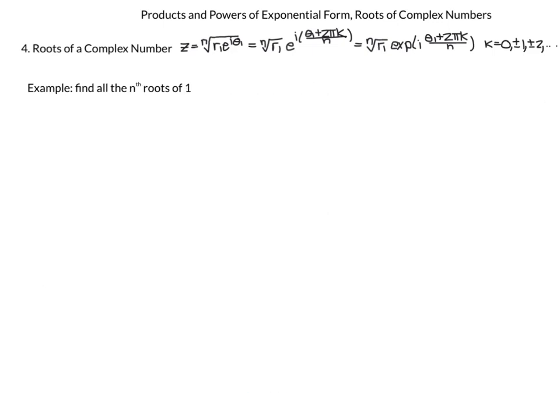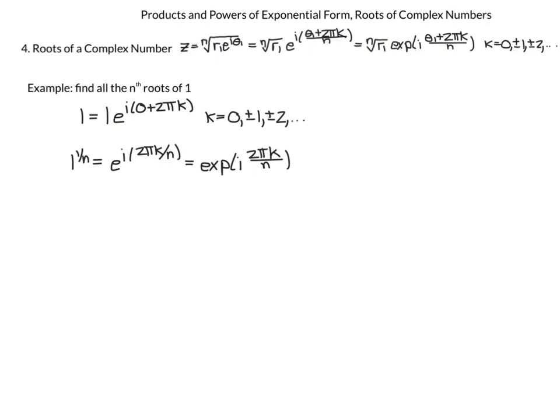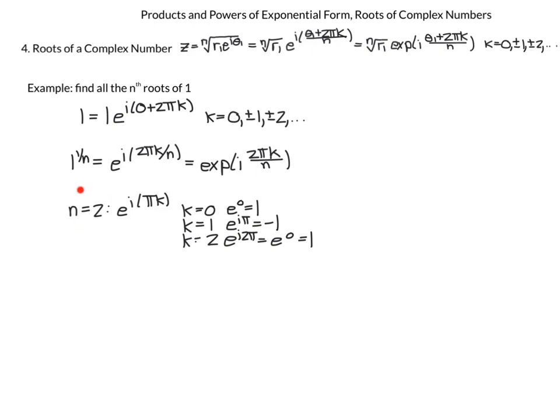Our last example is to find all the nth roots of 1, which is kind of strange because, how many roots could 1 possibly have? That makes the nth root of 1 equal to e to the I 2 pi k over n, and this is our answer. So for example, when n is equal to 2, in other words, the square root of 1, we have e to the I, the 2's cancel out and we get pi k.